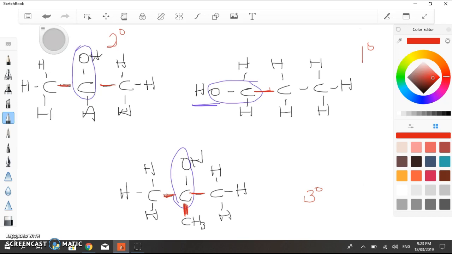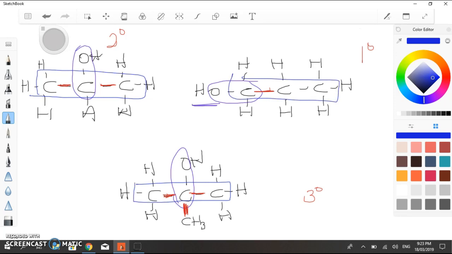Now, if we are looking to name these, we're always going to follow the same pattern. We're going to start off by identifying our longest carbon chain. And in all 3 situations, our longest carbon chain is 3 carbons long. We have only single bonds between the carbons in that chain, so all of them are going to have prop, because they're 3 carbons, and an because they have single bonds, and ol because they have an alcohol.